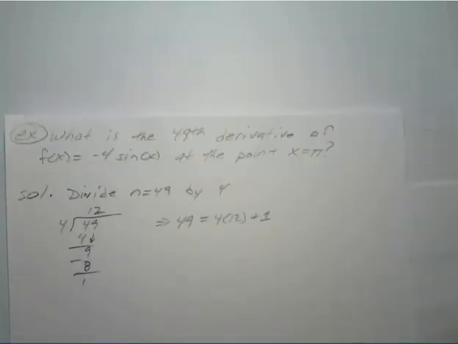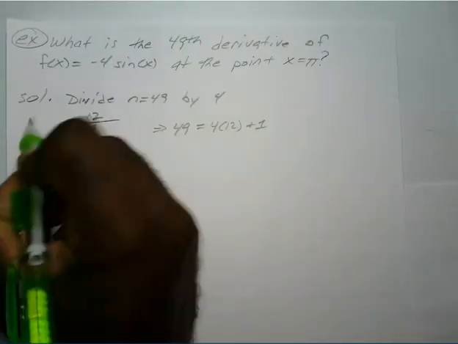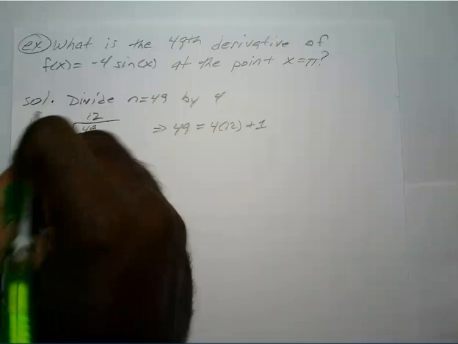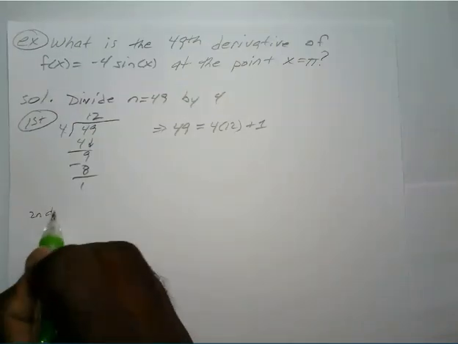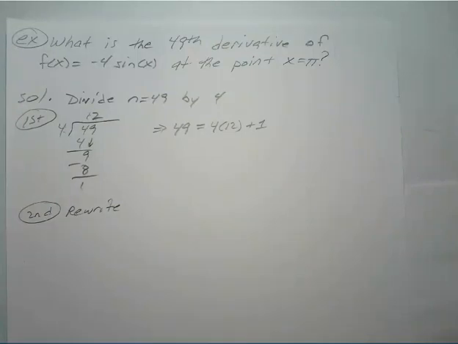Oops, sorry about that. Now, your second step, let me put first step here. Your second step, you're going to rewrite. Now, most of the time, once you see this done once, you usually skip the second step. But I'm going to go into more detail just to explain why you can skip the second step in the future.